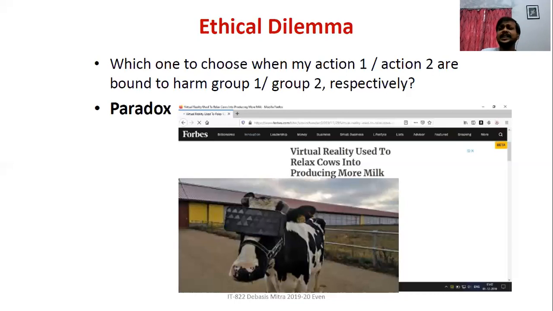But some may think that it is giving cows pleasure, and so there is no harm. So this is a dilemma, a kind of paradox, for a particular professional. There is no 0-1 answer that it is not ethical or it is ethical. This type of thing we are supposed to face in modern technology.